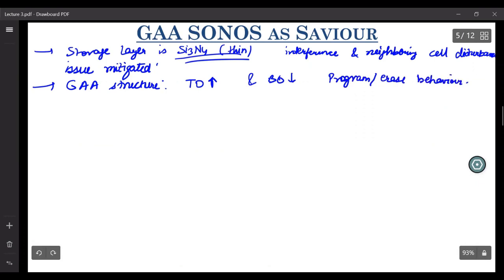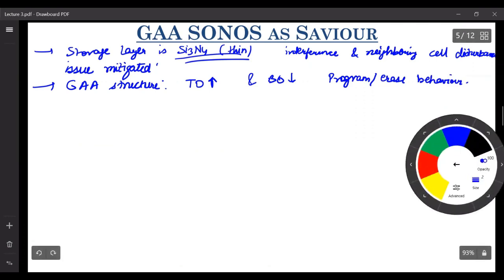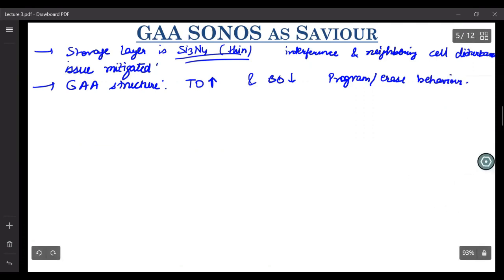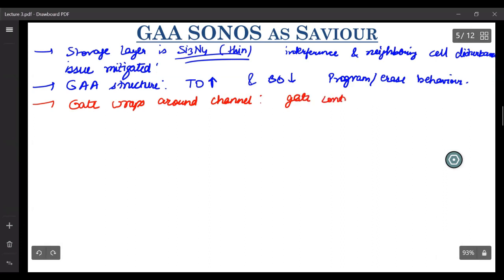What else can you say about this gate-all-around structure? If your gate wraps around the channel, then you have gate control from all the directions. And what about 2D flash cells, 2D floating gate cells?